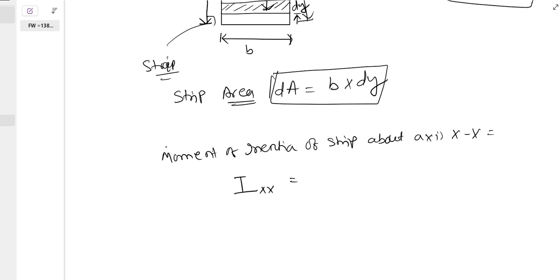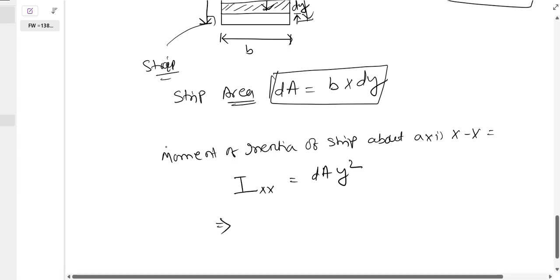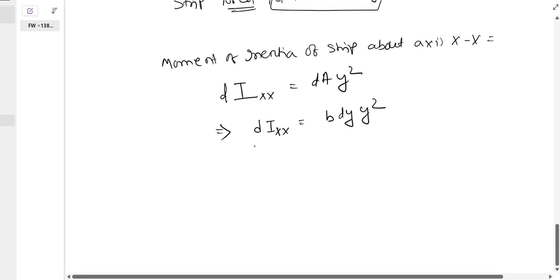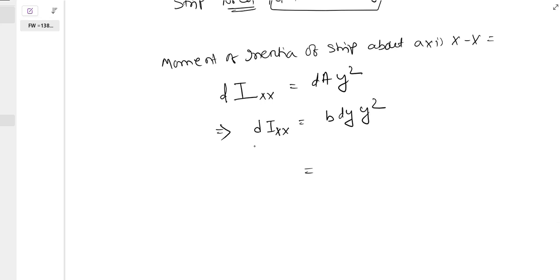So this will be dA y square, dA y square, or for small area we are calculating, so dIx will be B dy y square, or B y square dy.